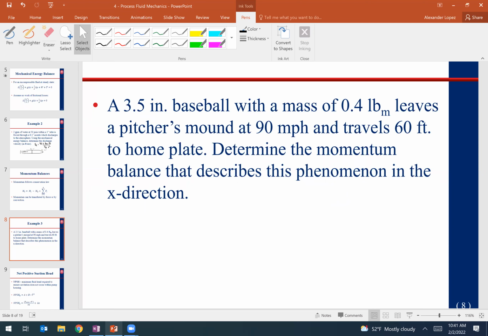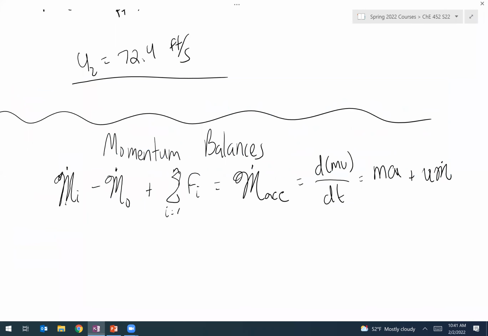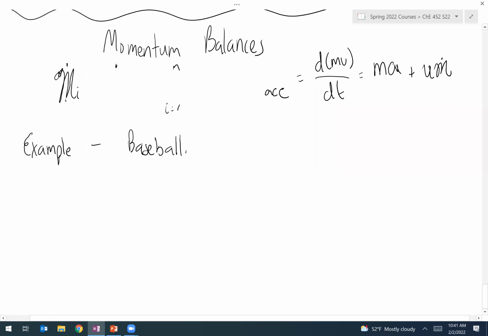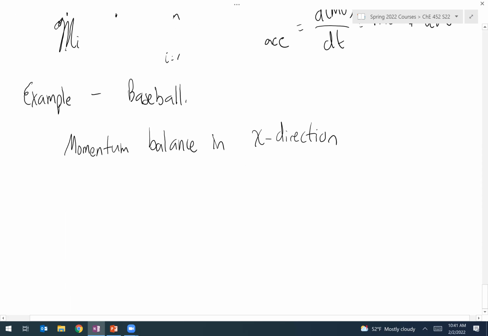Well, from the perspective of a momentum balance, I can make a momentum balance in the x direction, which states simply that any momentum in minus any momentum out plus any forces involved is equal to the accumulation of momentum.